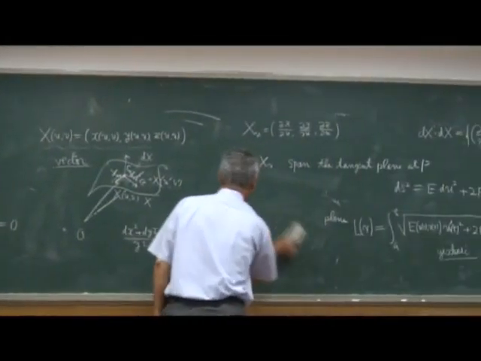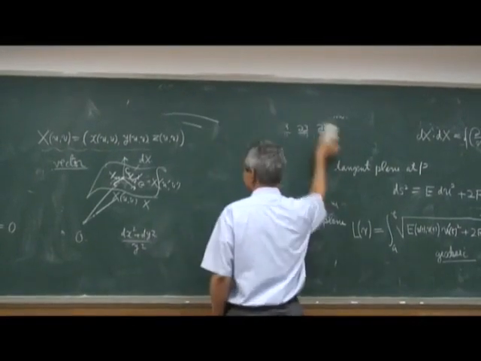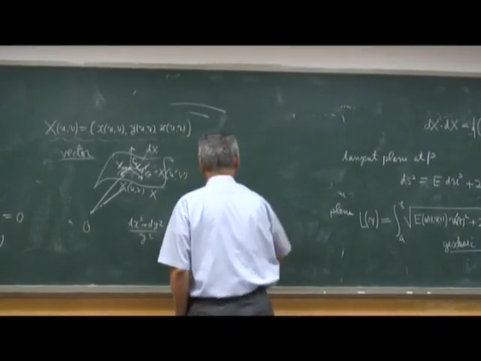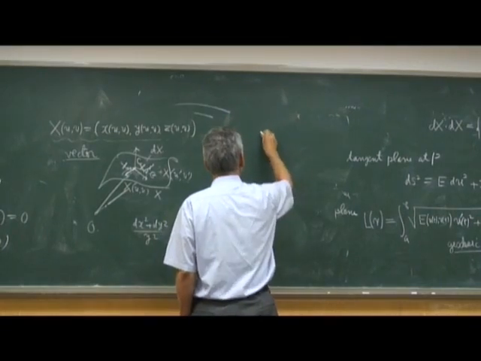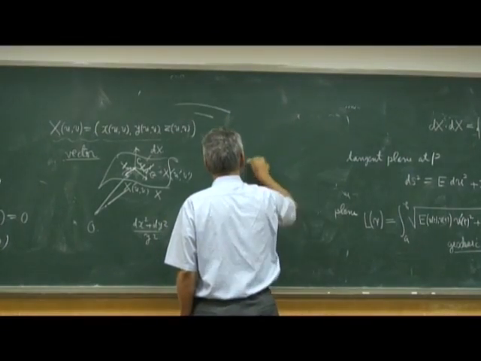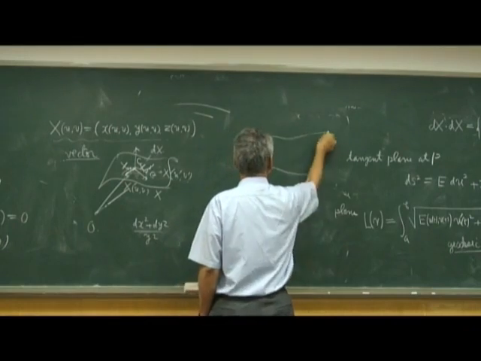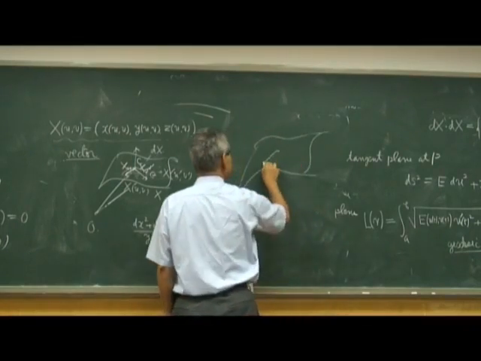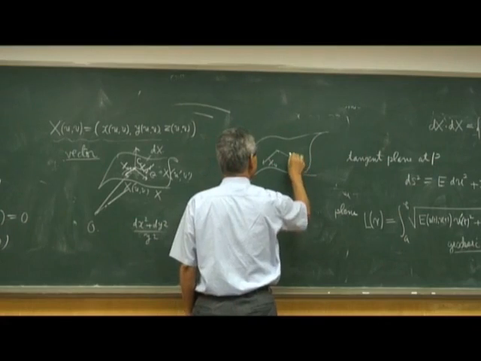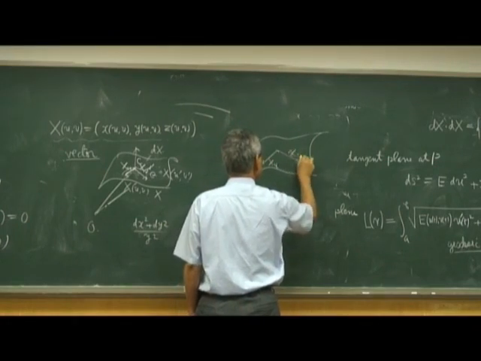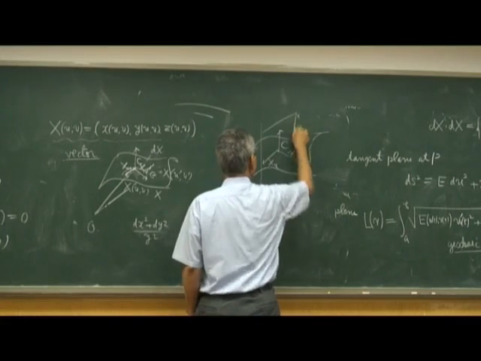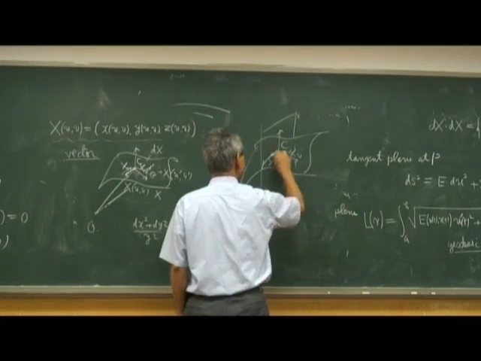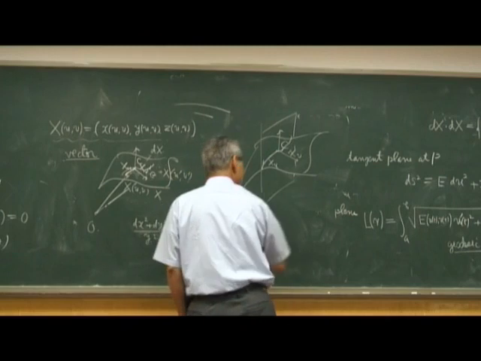So what Gauss did is as follows. You have a surface here, and here is the tangent plane direction, and this is the normal one, and then cut this surface.